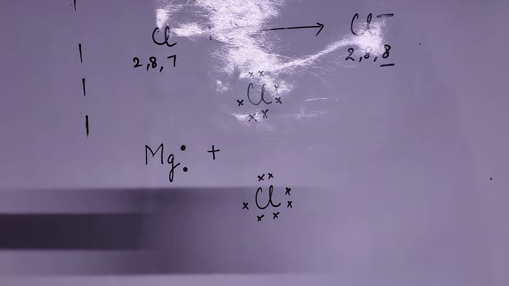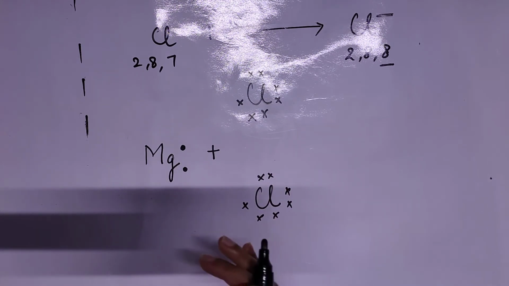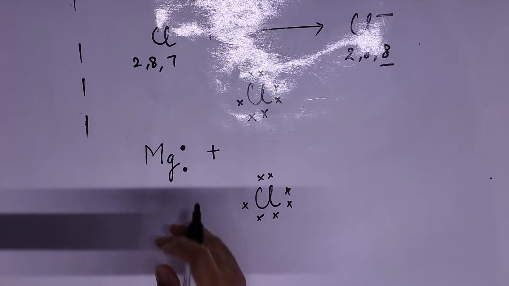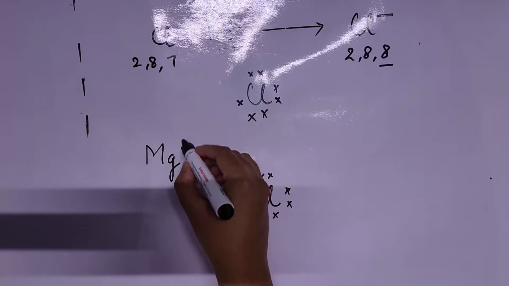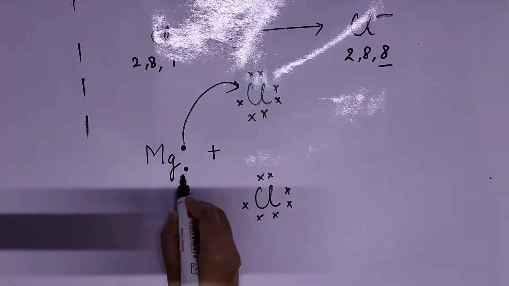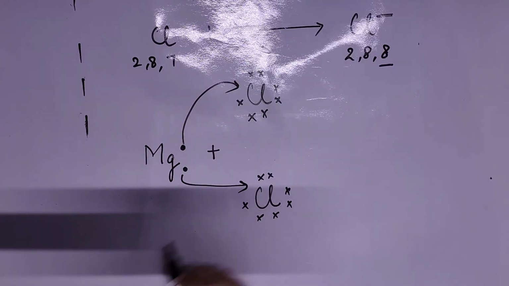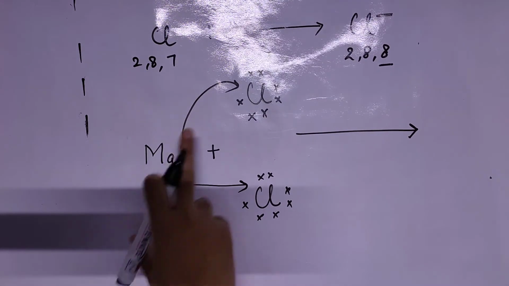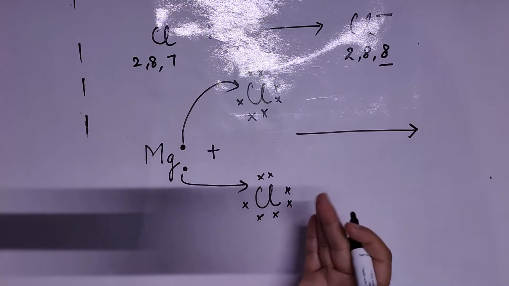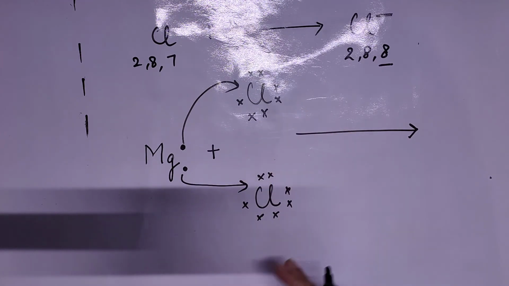Then the next step is that we have to show the transference of electrons with the help of arrows. We know that magnesium is giving its electrons to chlorine. So this electron will go here and this electron will go here. Now after this, when magnesium loses its 2 electrons, it will develop a positive charge, and the chlorine atom will change into a chloride ion.